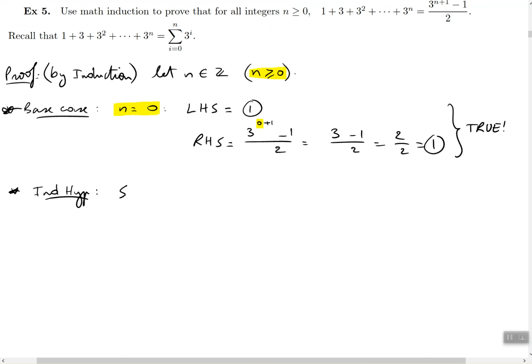So suppose or assume that the theorem is true for 1 plus 3 plus 3 squared plus so on and so forth, all the way to some random n, some random integer, so for some n equal to k.